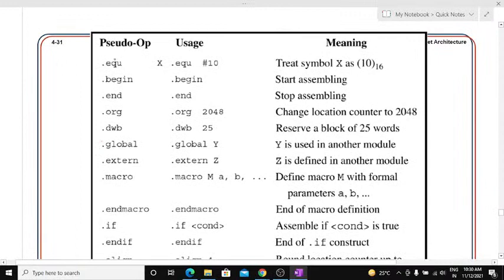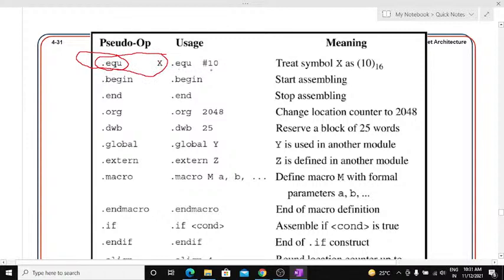Okay, so this is one pseudo operation, .equ. x .equ #10 means it treats the symbol x as 10. So how can we use .equ #10?